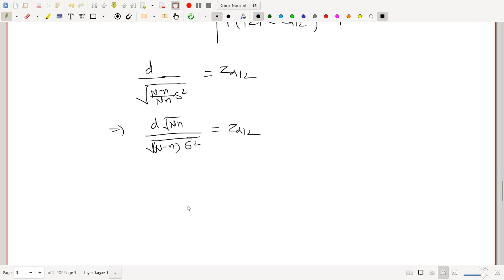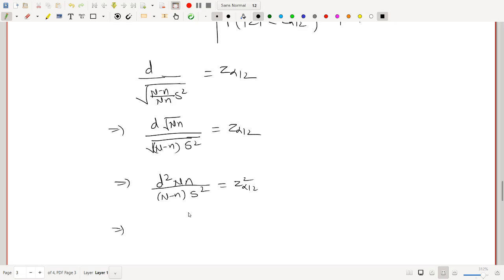Take square on both sides. After taking square on both sides, this will be d square n divided by (N minus n) S square, which is equal to z alpha by 2 square.